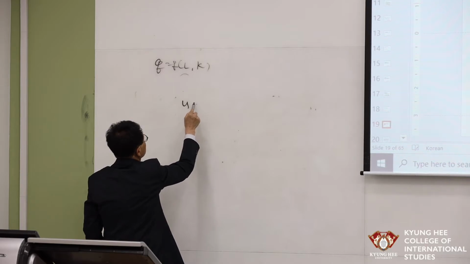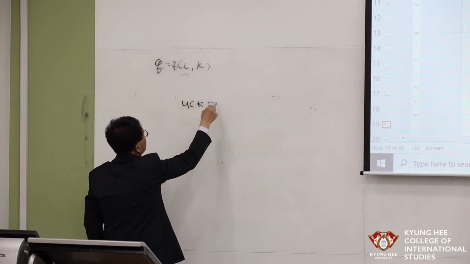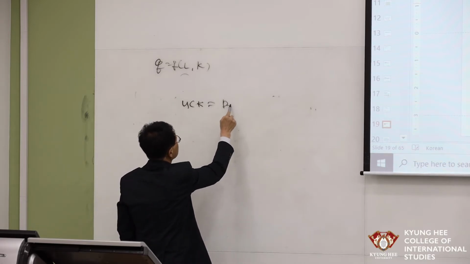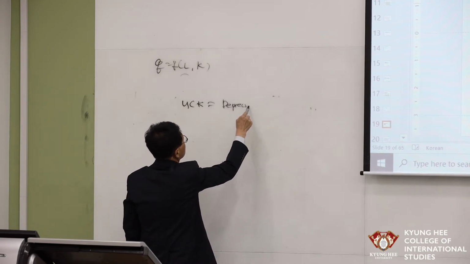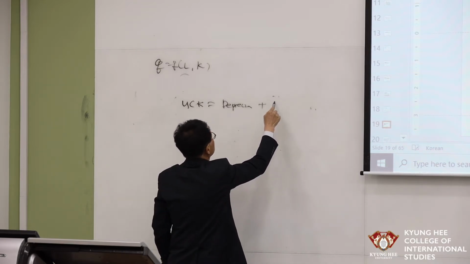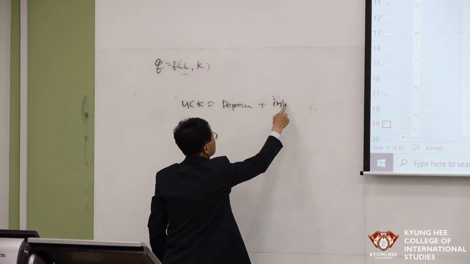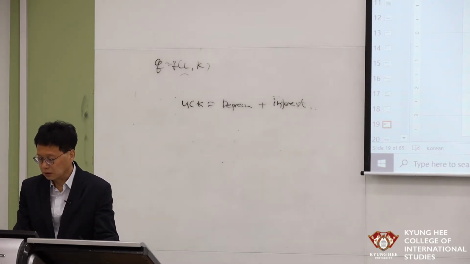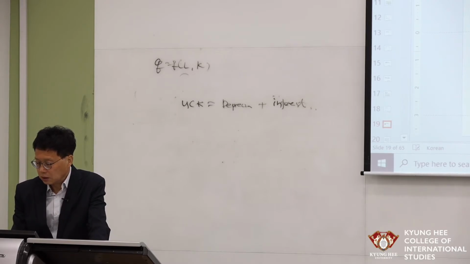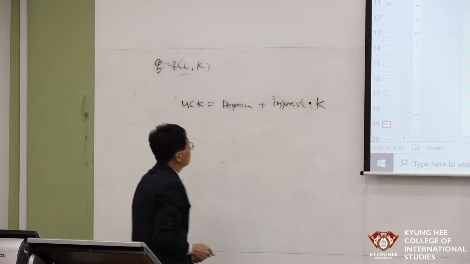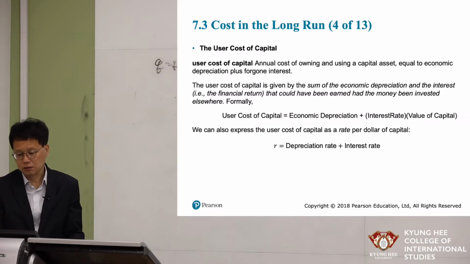User cost of capital is equal to economic depreciation plus interest. This user cost of capital, right? So interest rate multiplied by value of capital stock like this, okay?